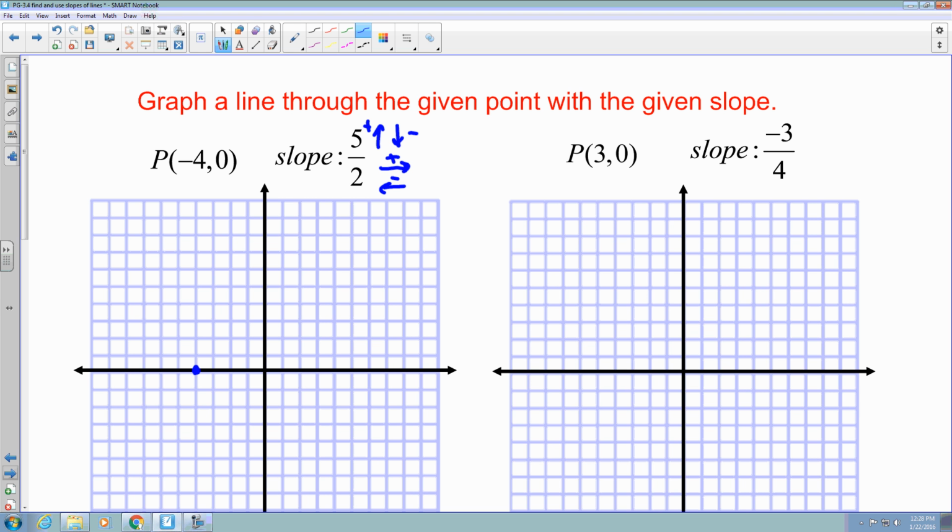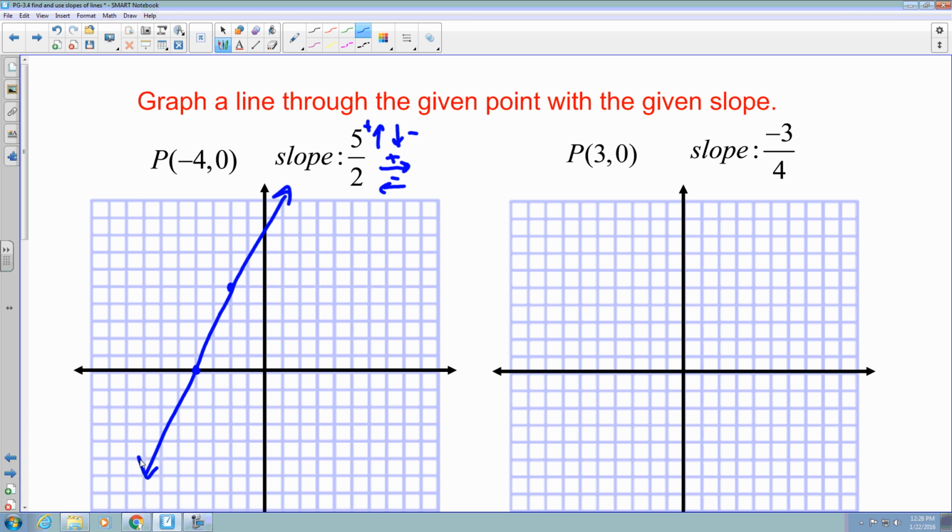So from the point you just plotted, that -4, 0, that's where you're going to make another point with relationship to the slope. So we're going to go up 5 units, 1, 2, 3, 4, 5, and then to the right 2 units. And then basically, by definition, 2 points make a line, so we can connect those points. Okay?